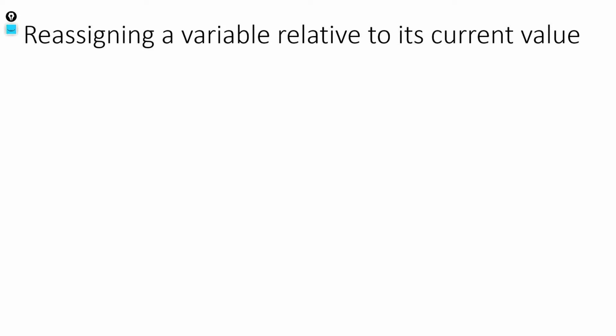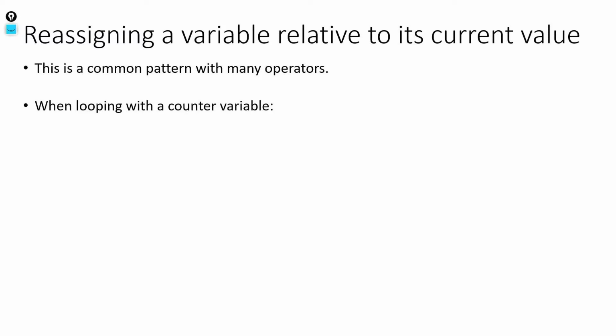So this brings us to a new concept that I want to introduce to you today, which is reassigning a variable relative to its current value. This is something that you commonly do. We saw it on a number of lines in this last example, but here are some examples. If we wanted to write a loop where we counted up by 2 each iteration, we could say i is assigned i plus 2, or i is assigned i minus 1.